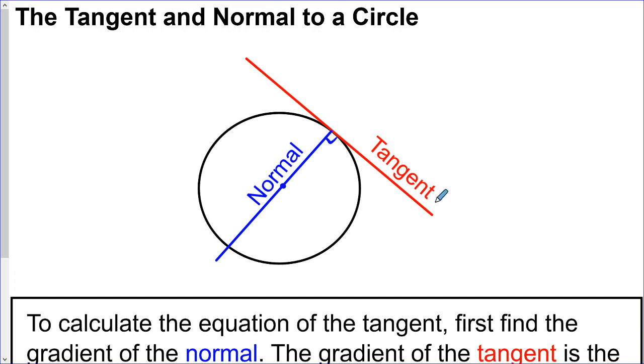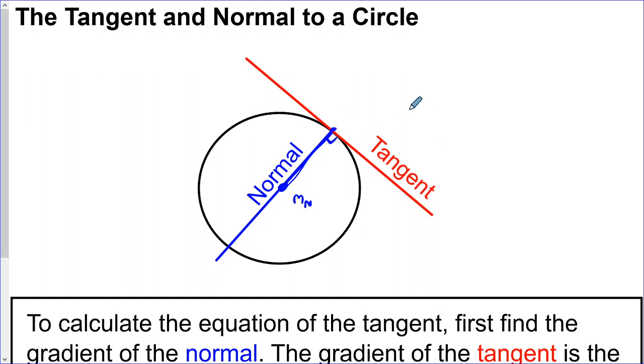If we want to find the equation of this tangent, we start with what we know about the circle. We will probably know the centre. We might know the point where the tangent is touching. So if we know these 2 points, we can find the gradient of this normal. Find that gradient, and then we'd know that the negative reciprocal of that would be the gradient of the tangent. So we would find m using the centre and this point.